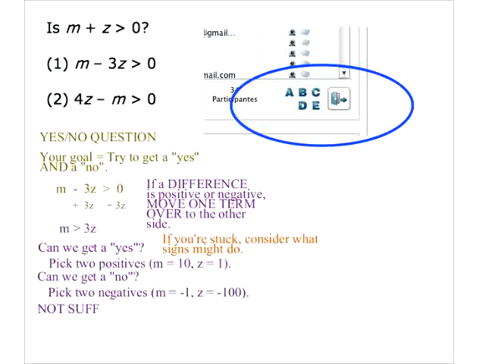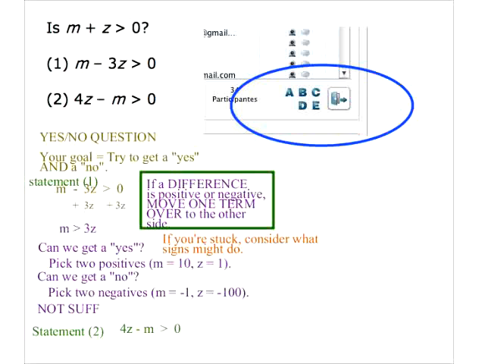Statement 2 is really kind of the same thing. And we didn't even mark this up here. This is statement 1. Statement 2 is 4z minus m is greater than 0. Same sort of thing. It's a difference that's positive, so we should move a term over. So plus m.